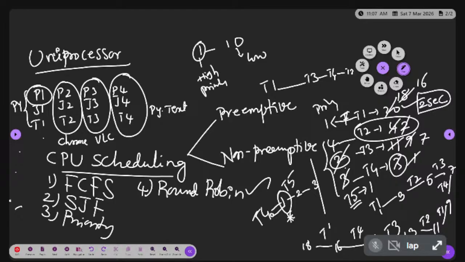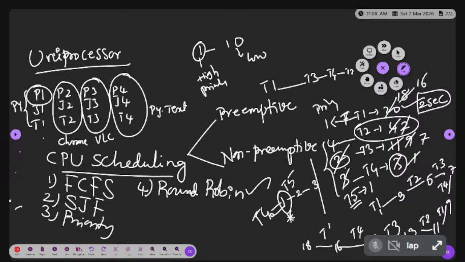So a question is given: consider so and so processes with arrival time and burst time, calculate average turnaround time and average waiting time by using preemptive SJF, preemptive priority. In preemptive priority we follow priority, but if a higher priority process comes, the running one must be stopped forcefully.